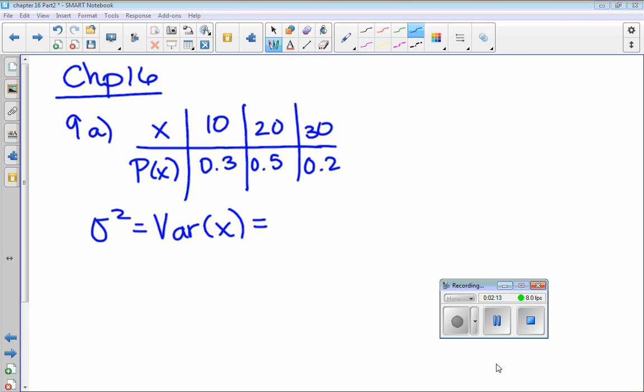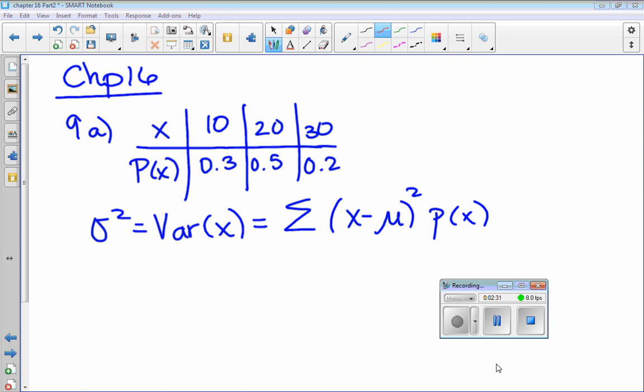Yes. So we're going to be summing some things: X minus the mean quantity squared times the probability of that happening. We had to find the mean first in order to do this problem, which we did. The mean was 19. You found that in 1A.